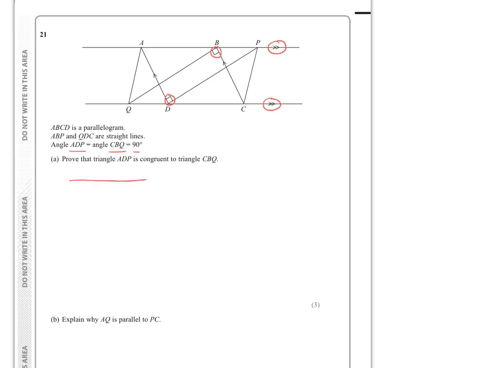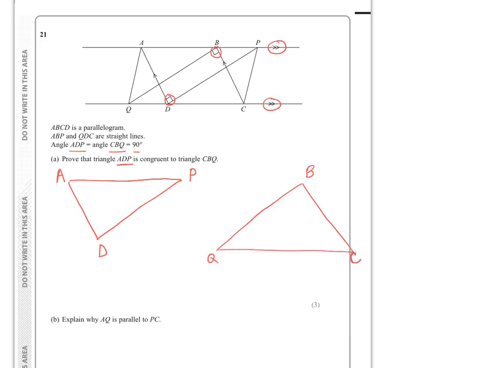Well, what I would do is I would do 2 smaller diagrams of those triangles. Label this one A, P, D, and this next one Q, B, C. And then I'm going to try and fill in some information that I know.